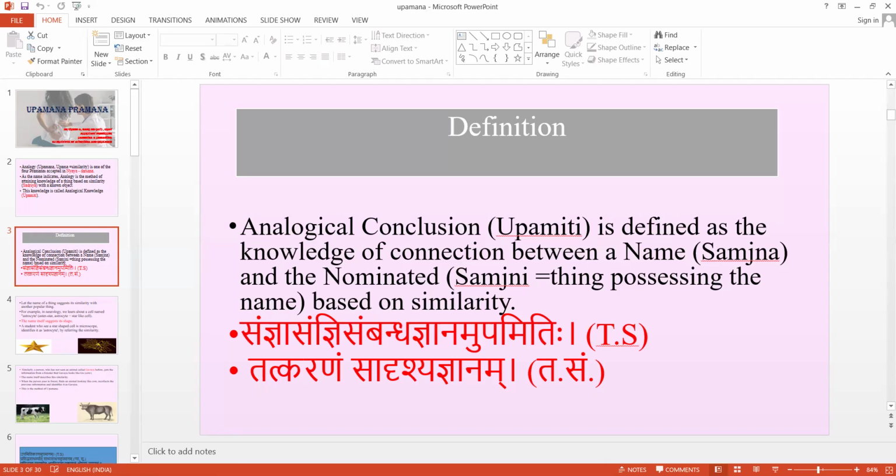Through similarity, you are getting the knowledge of Samjna Samjni Sambandha Jnanam. So Sadrishya Jnanam is called Upamana.